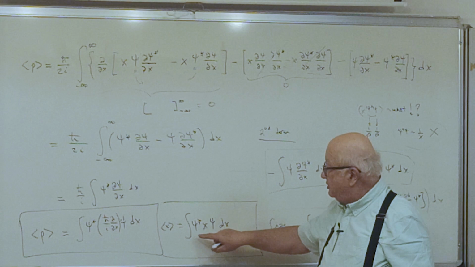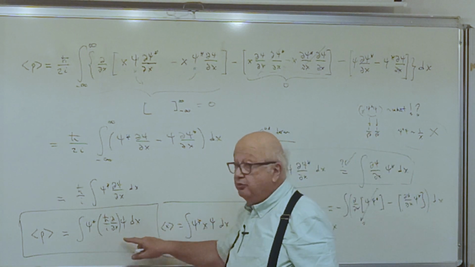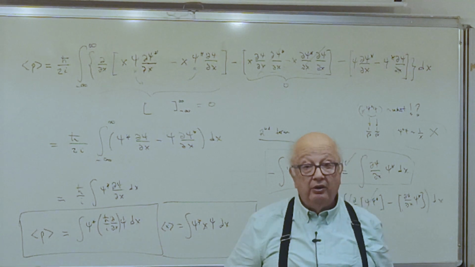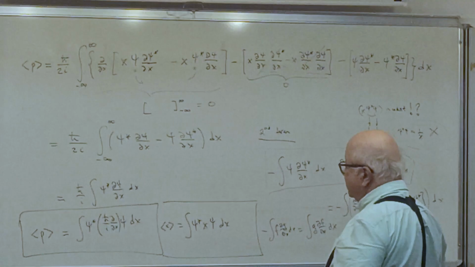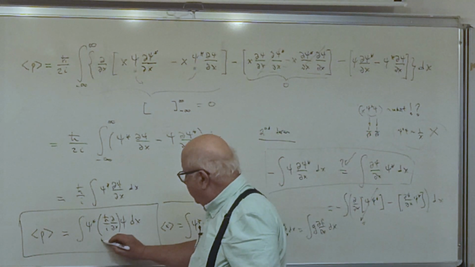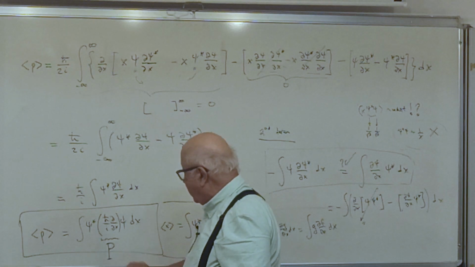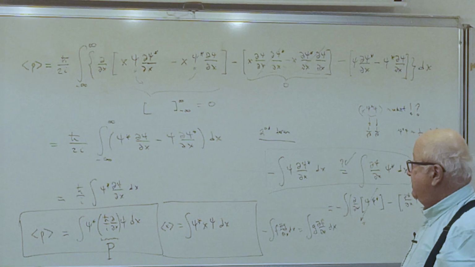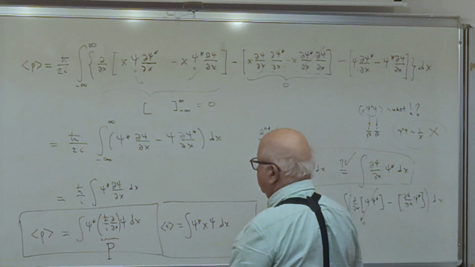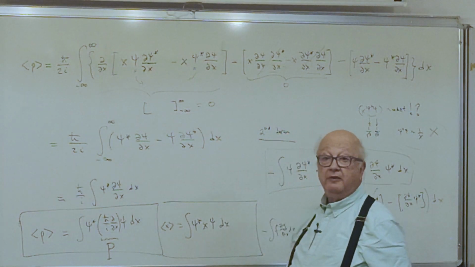That is the expectation value of x, and that is the expectation value of p. Yes? So we define momentum as operator? Yes, so this object here we define as the momentum operator, the capital P, and this is then the expectation value of this operator P.